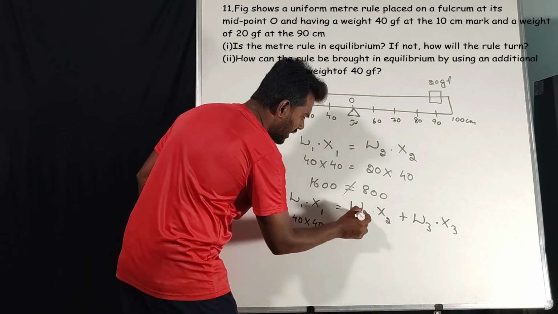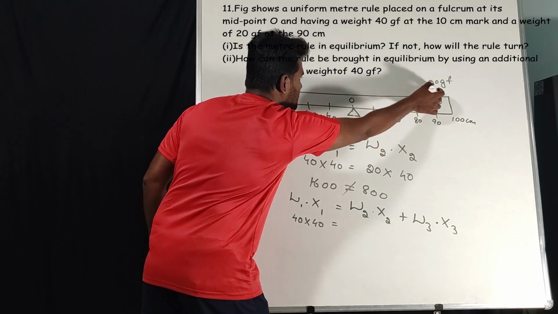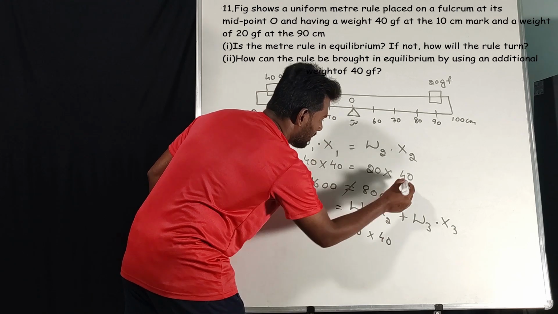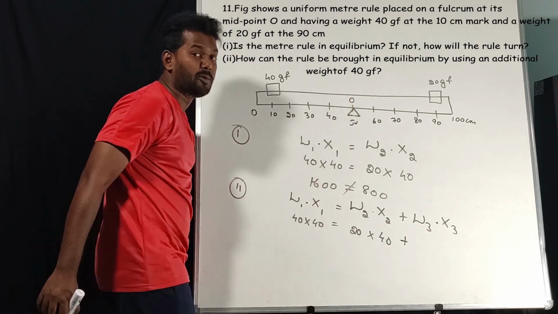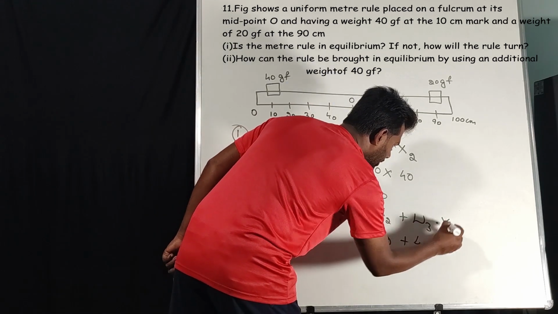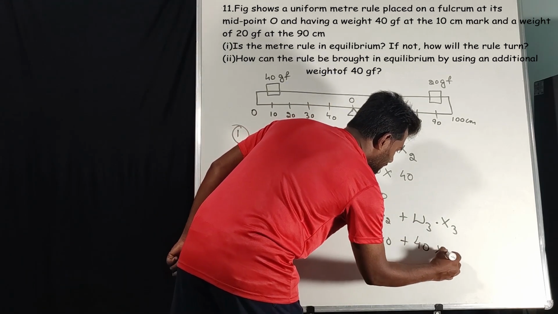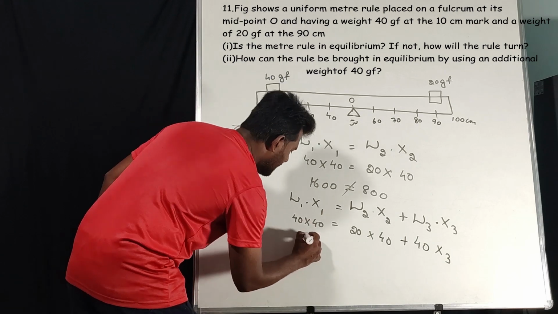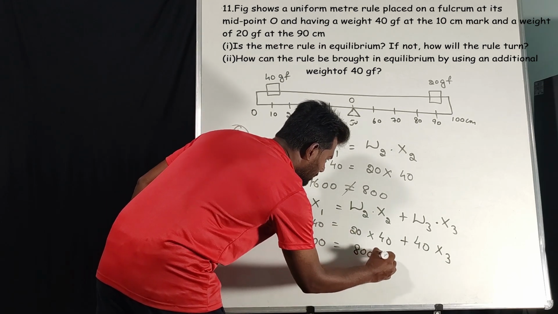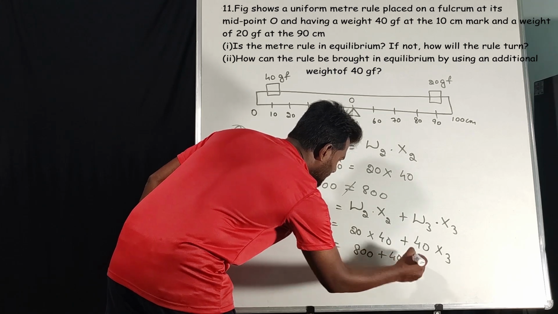So 40 into 40, here the W2 value is 20, the X2 value is 40, we already know, plus what is the value of W3? What is the additional weight we are using? 40 gf. We don't know the value of X3, correct? So 1600 equals 800 plus 40 X3.